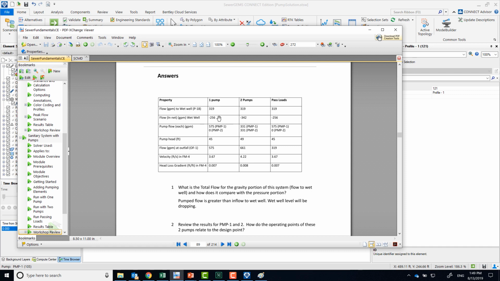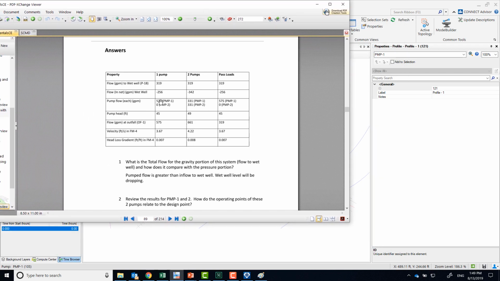So we're emptying the wet well, right? How much exactly are we getting? Basically the volume that was in the wet well, or the water that was in there, 256. So if you add up these two numbers, you get your 575. That's the flow. And that's basically the information that we can see.